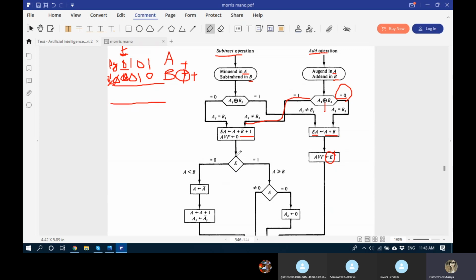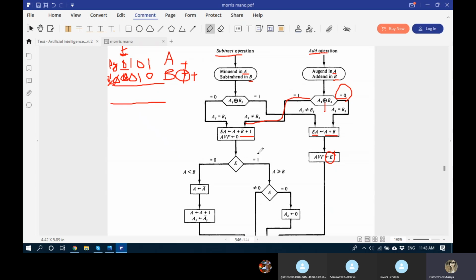And you are comparing if E is 0 or 1. Means E is like carry. When minuend is greater than subtrahend, you get a carry, you discard it.